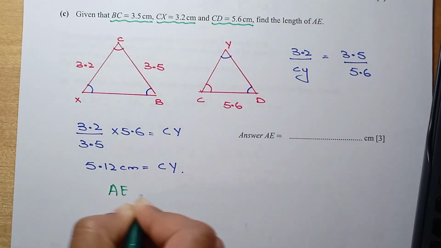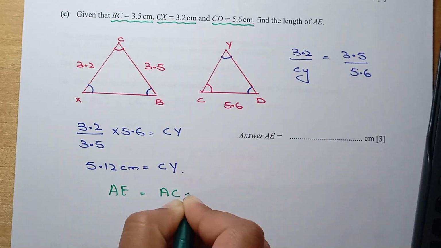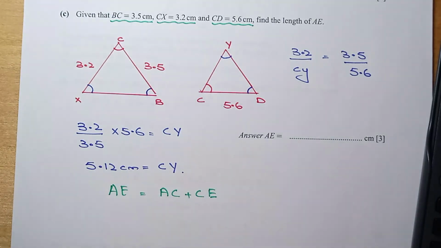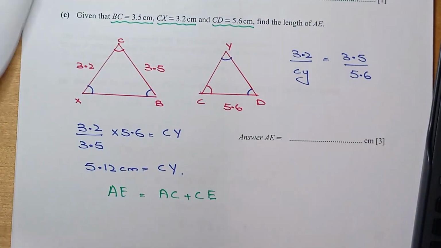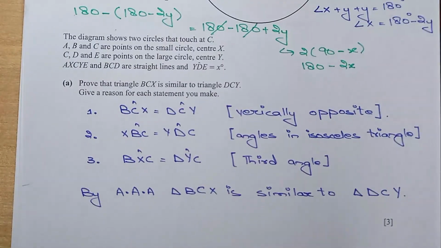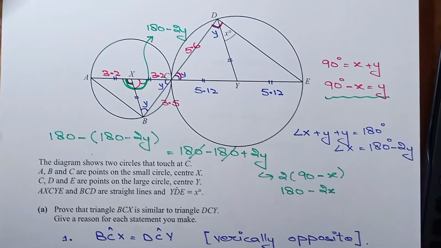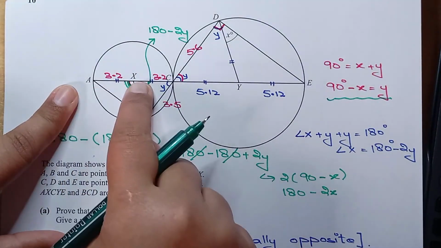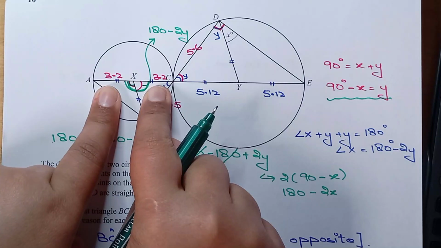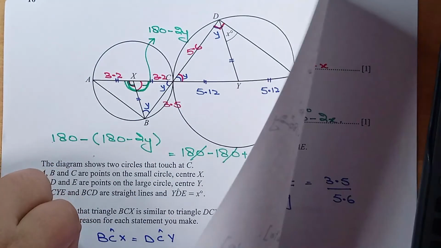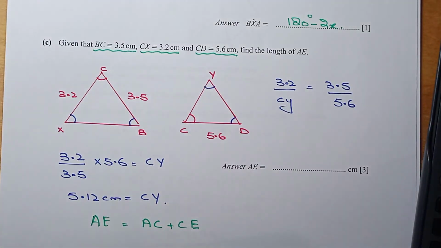AE is AC plus CE. AC is basically AX and XC, and these are two radii of 3.2, so AC is 2 times 3.2.